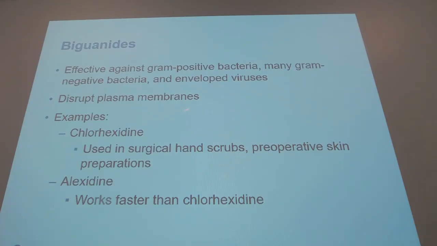So it's a plasma membrane, and then you will have damage to this. Examples will be chlorhexidine. Chlorhexidine is a very effective disinfectant. It is used as a surgical hand scrub, and as well, it is put on the skin of the patients before surgery.